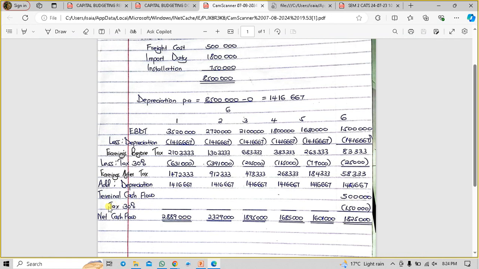Then you less the tax. The tax was 30%. So 30% of this 500,000 is 150,000. So you subtract. So that is it with this question.